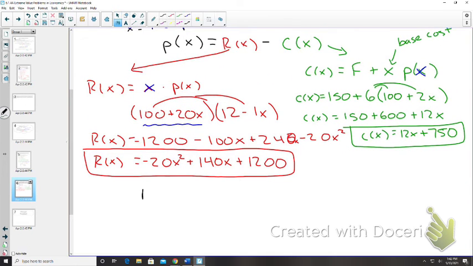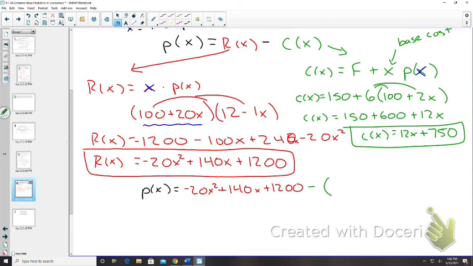Okay, so P of x is equal to R of x minus C of x. So we are going to have negative 20x squared plus 140x plus 1200 minus my cost function.